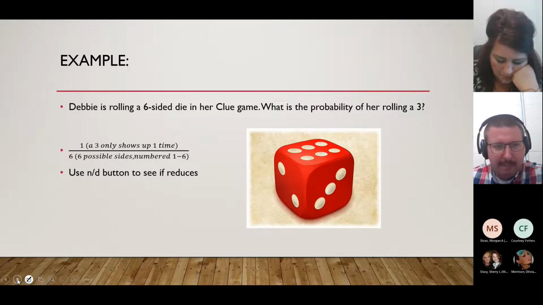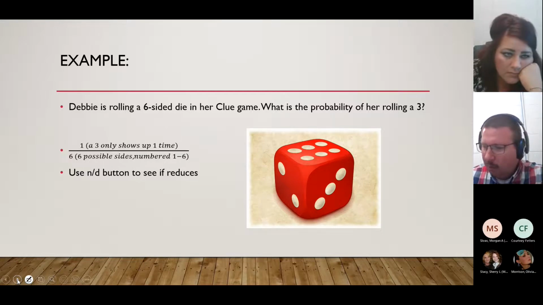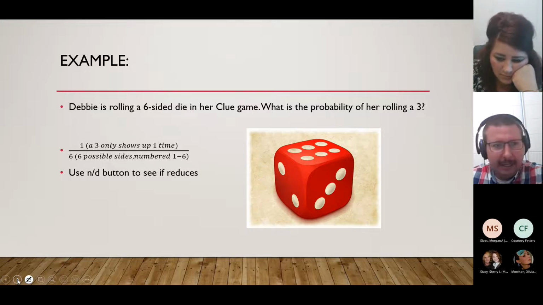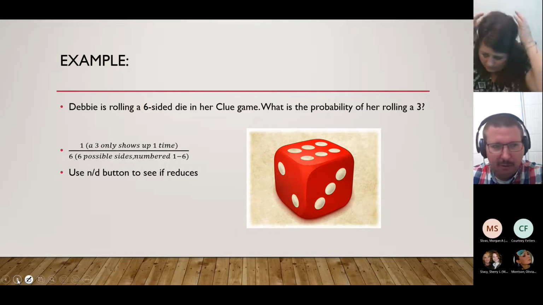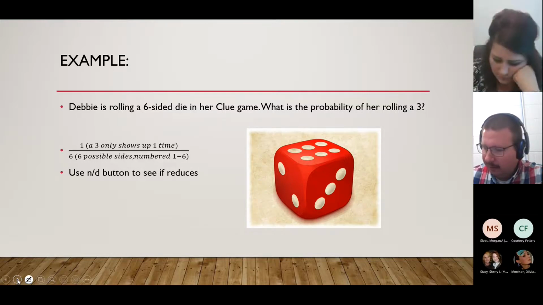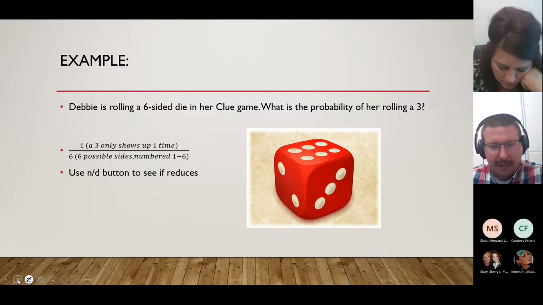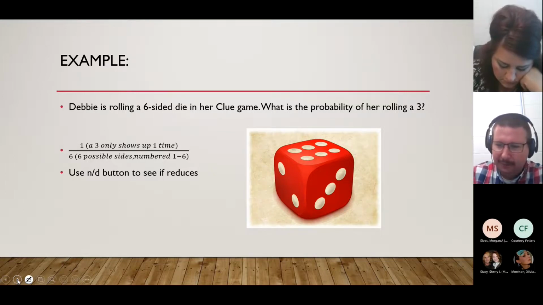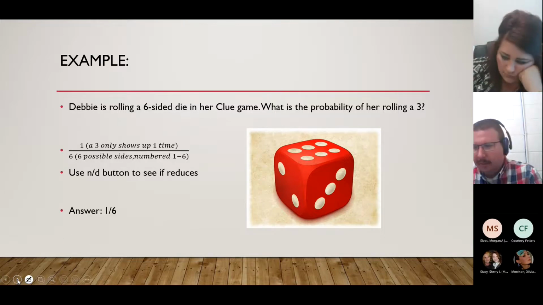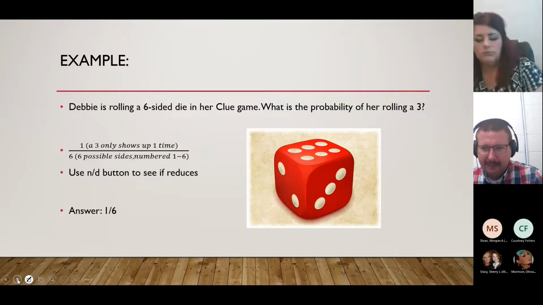So hit 2nd, 1 goes on the top, and to get the 6 below, you hit the bottom of the big circle, and you get out, hit enter, and see if it reduces. Well, in this case, it did not reduce. So your answer is 1/6.